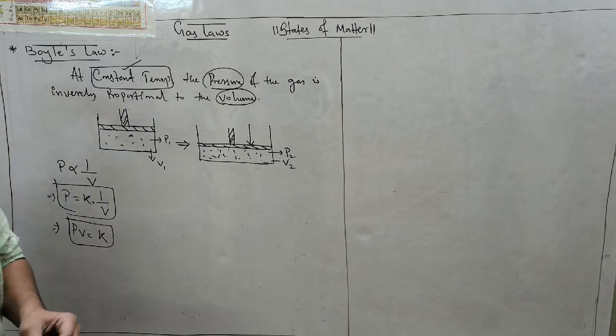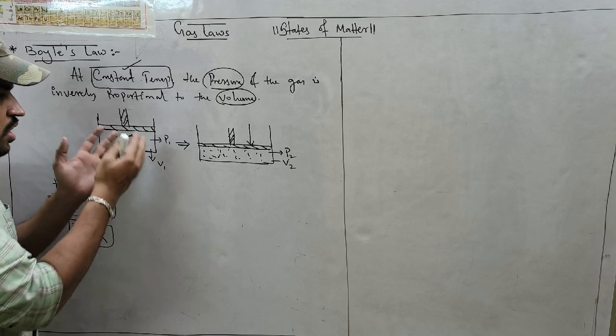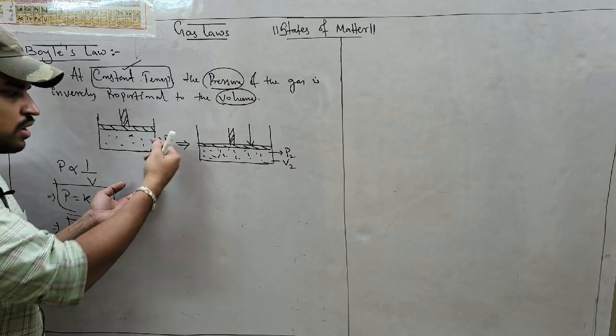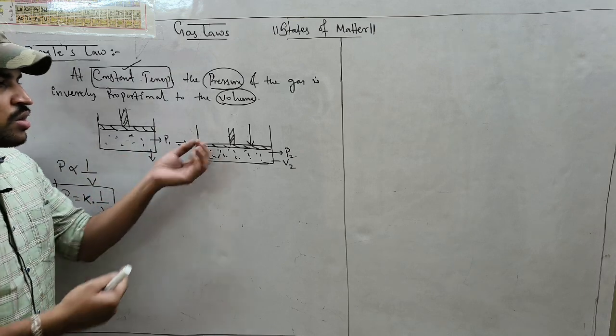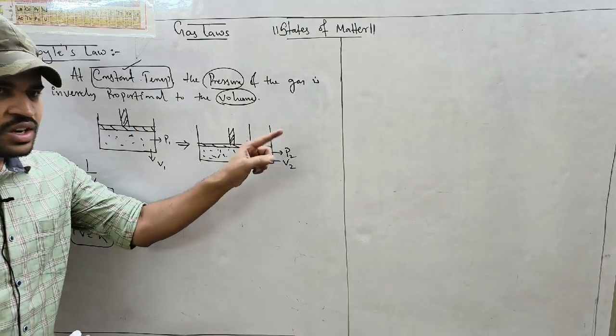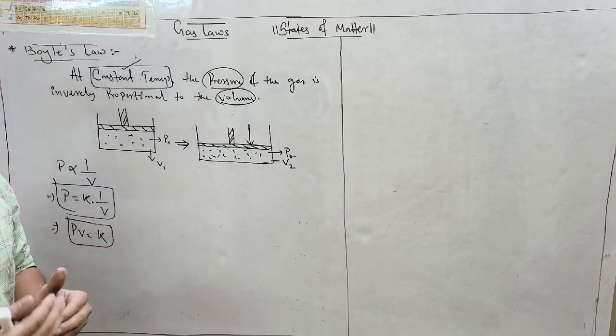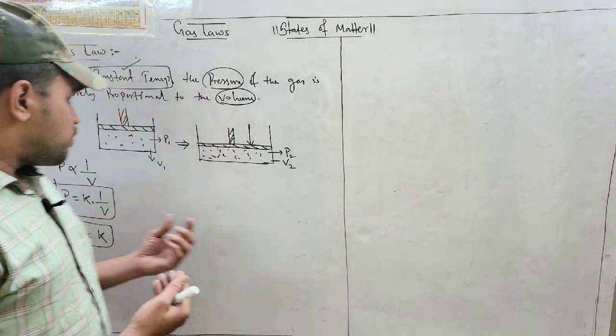If a gas is changed from initial condition to final condition, initially the pressure is P1 and volume is V1. Finally, due to compression, the pressure increases to P2 and the volume decreases to V2. What happens to their PV value?